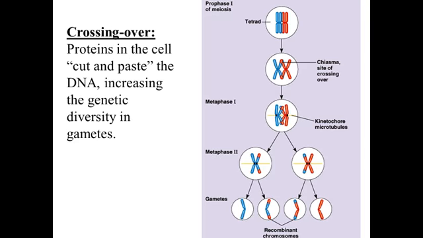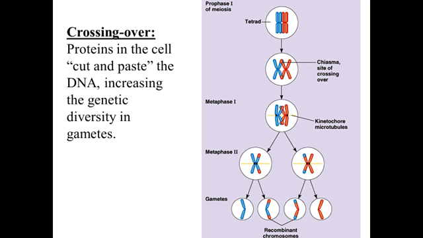Okay, if that wasn't enough, there is actually something else that happens during meiosis, and that is a thing called crossing over. During crossing over, the DNA that makes up the chromosomes is chopped and cut and pasted, and so you end up with chromatids that are no longer identical.